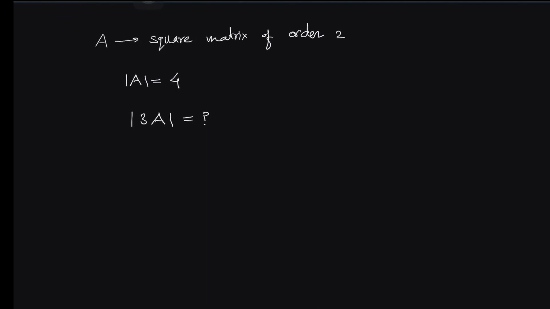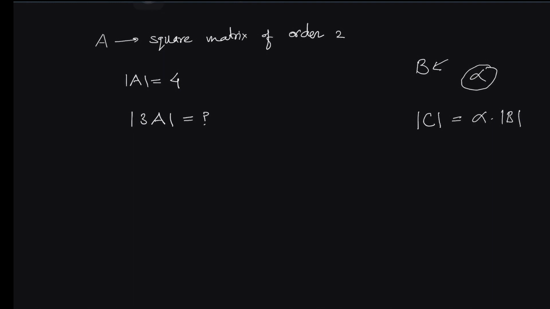How will you find it when the matrix is not given? You have only the determinant and the size of the matrix. So here we will use the property of the determinant. As I told you, if you have a square matrix B and you multiply any row or any column of this matrix by a scalar alpha, then the determinant obtained will be alpha times the determinant of B. Remember, we are multiplying alpha only in a single row or a single column.